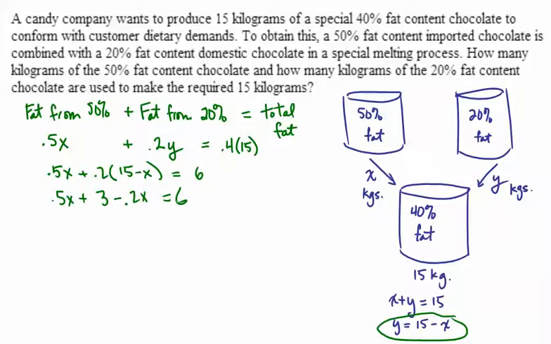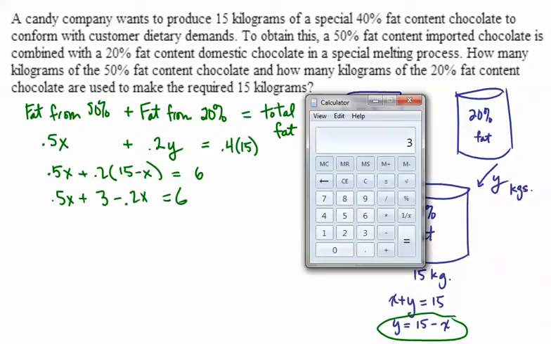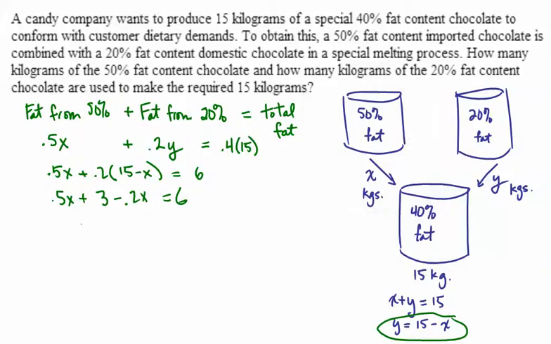We can combine like terms. 0.5X minus 0.2X. Again, use our calculator. 0.5 minus 0.2 equals 0.3. So 0.3X plus 3 equals 6.